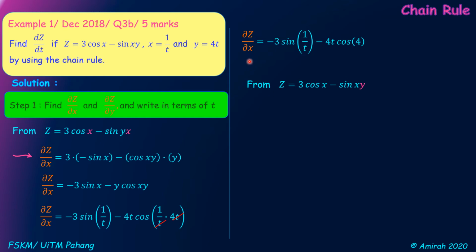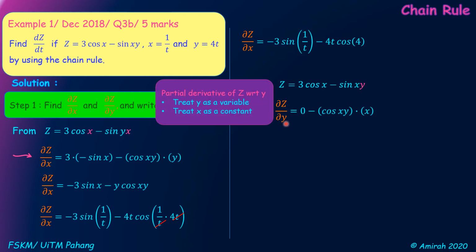Right, after that, we can find del z over del y. We differentiate from z, where z equals 3 cos x minus sin xy. When we take the partial derivative of z with respect to y, the symbol equals del z over del y.